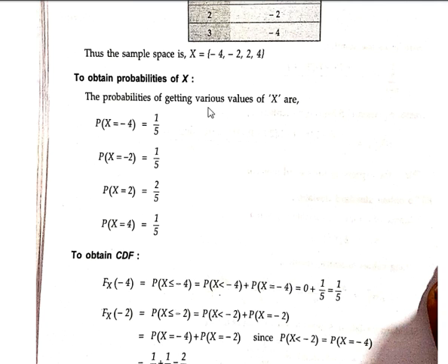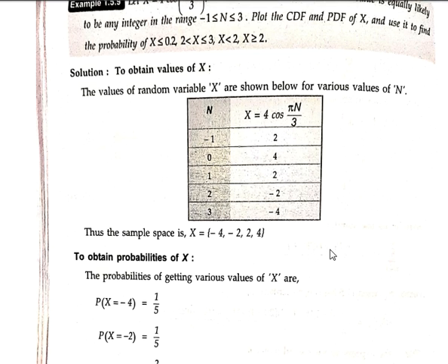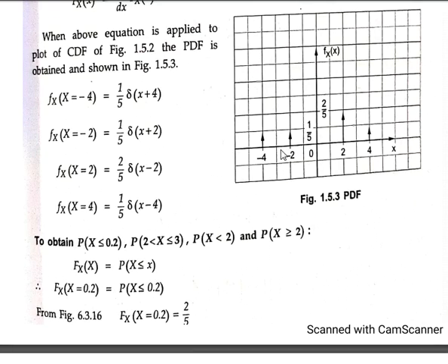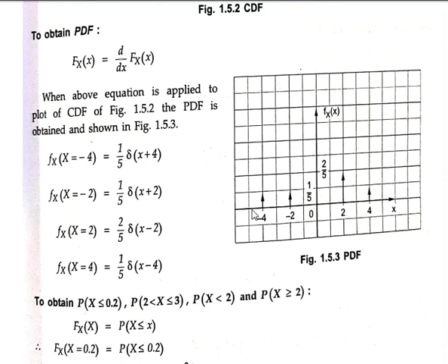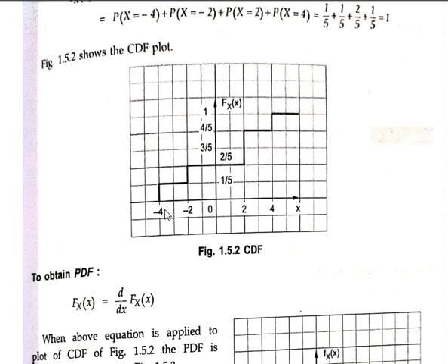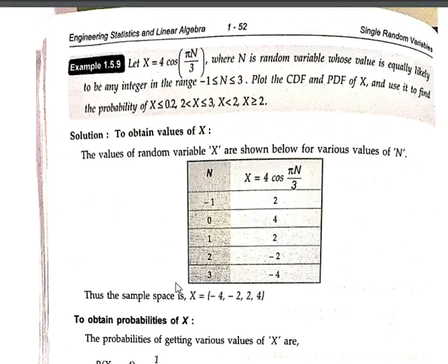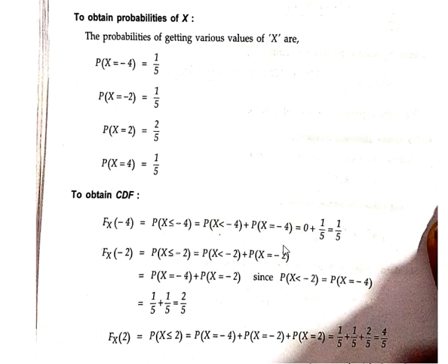On the left side of -4 we are not having any value, so it is 0, and when it is equal to -4, it is 1 by 5. In a similar fashion, at -2 the value is 1 by 5 and at -4 there is 1 by 5, altogether 2 by 5.